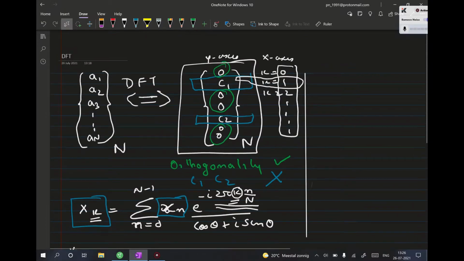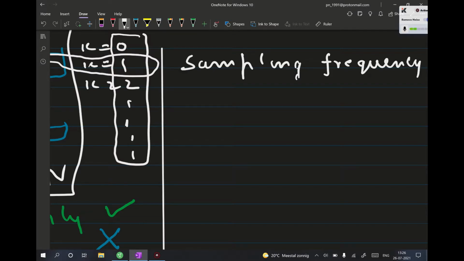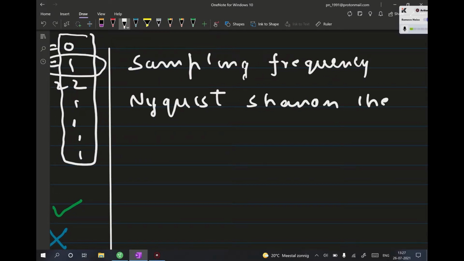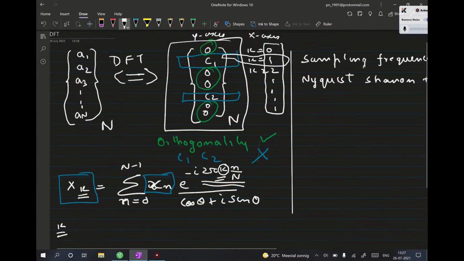So before going into detail, I would expect you to get familiar with something called the sampling frequency, and the Nyquist theorem.